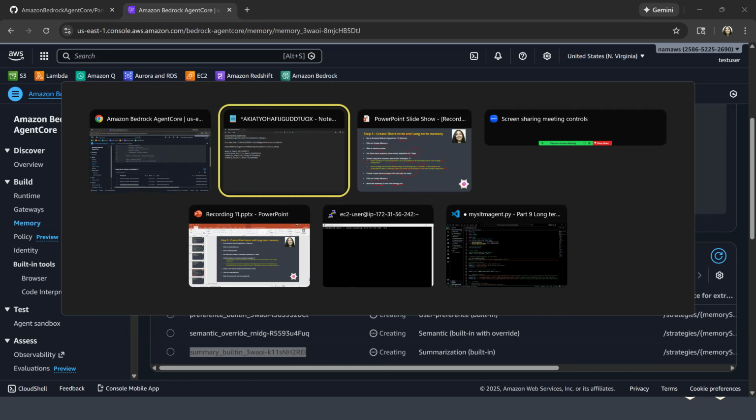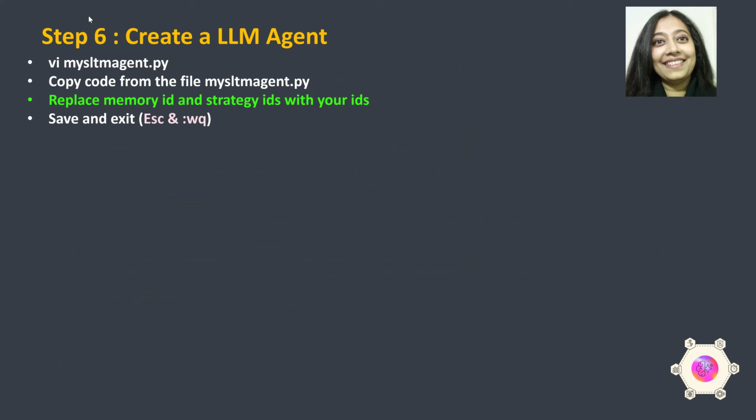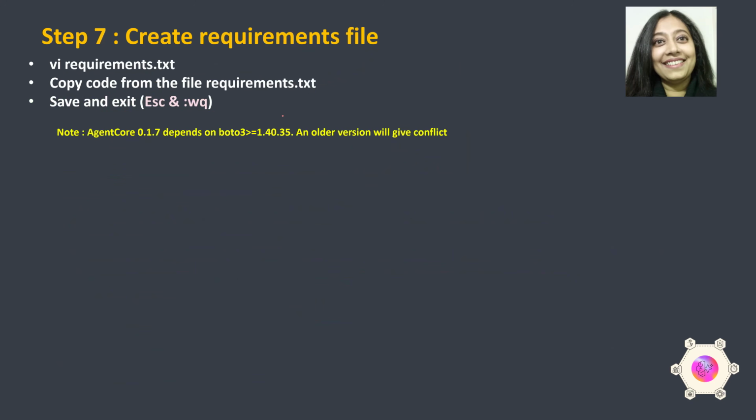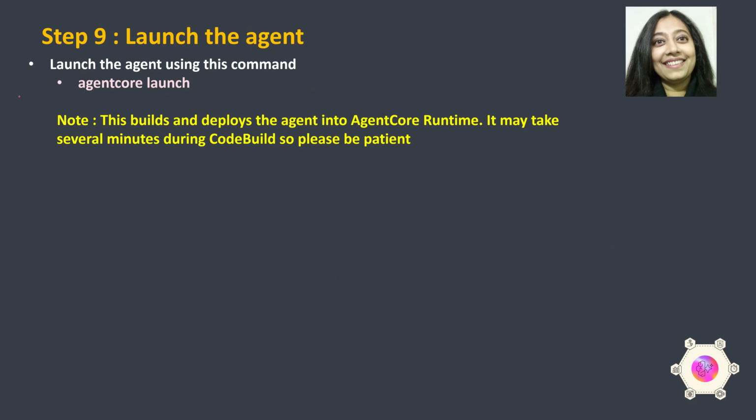So we've completed step 5. Now step 6 is also the same as it was. All that we need to do is replace our memory ID and our strategy IDs in our code, and then essentially go ahead and create your requirements.txt, configure your agent, and launch your agent.